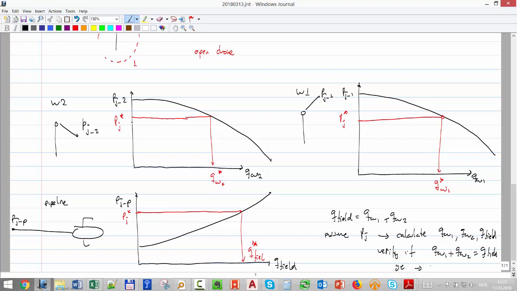If yes, then I have the solution. If no, then I have to assume another pressure and repeat the process until I converge. An iterative process.